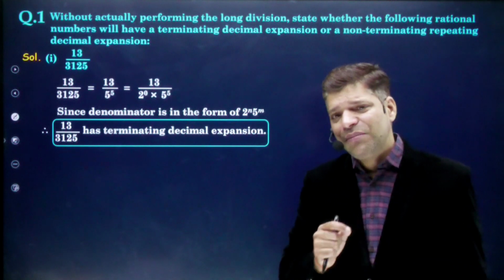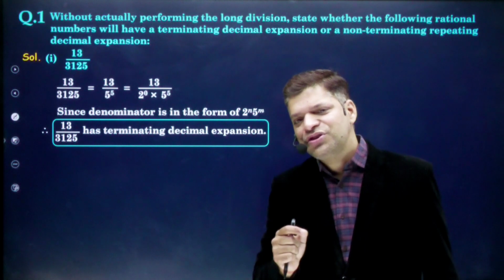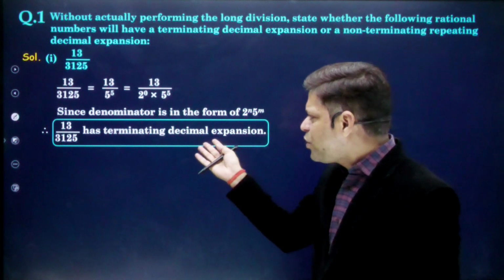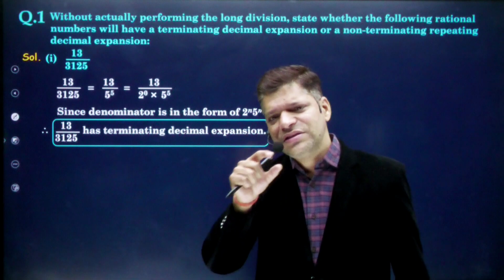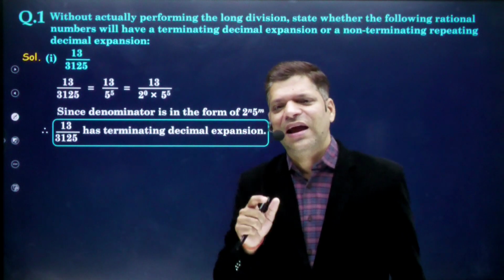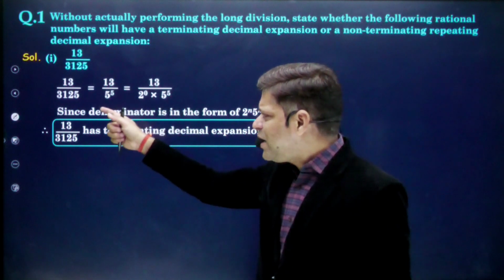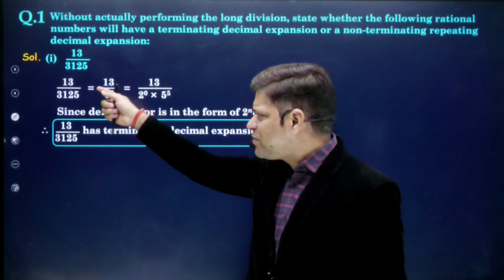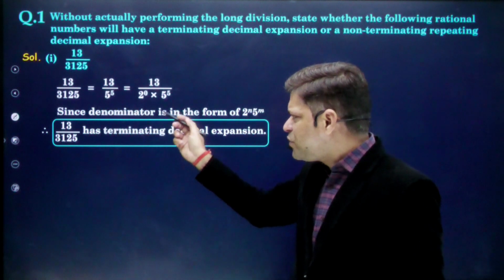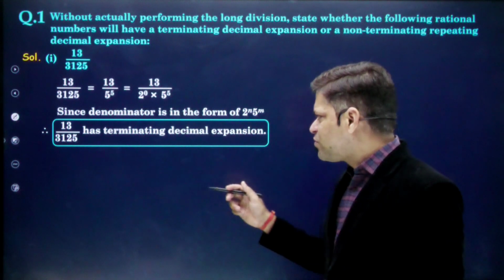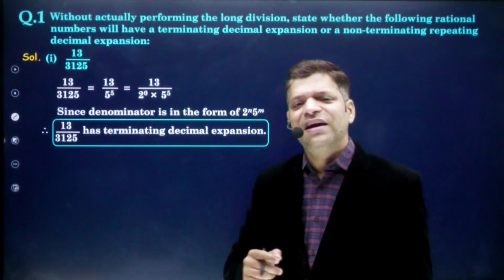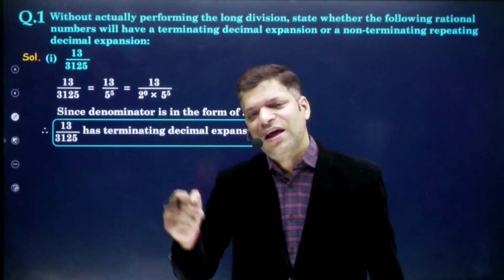How do we conclude that? Because we just wrote down the statement: for a rational number which we can express in the form of p by q, if q is in the form of 2 raised to the power n and 5 raised to the power m, then it has a terminating decimal expansion.